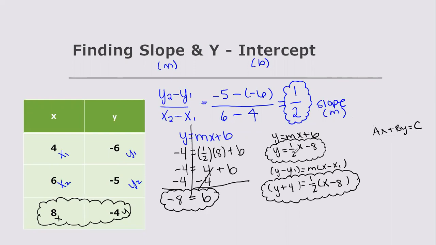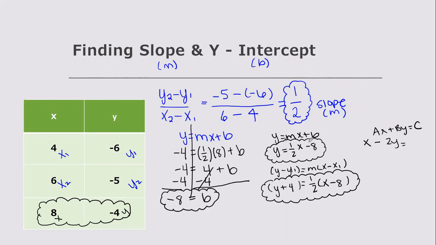But if I know the slope is +1/2, then I know that my a is the numerator of my slope. The b is the denominator of my slope. So I know it's going to be x, and I know this is going to be 2y. So it'd be 1x, 2y equals, I got to find that c value. Since my slope is positive, this is going to be a minus sign between x and 2y.